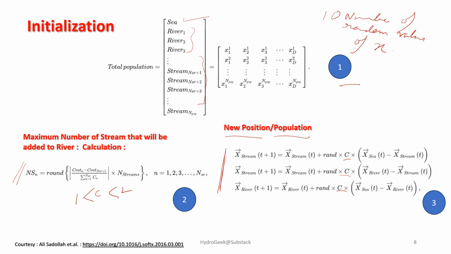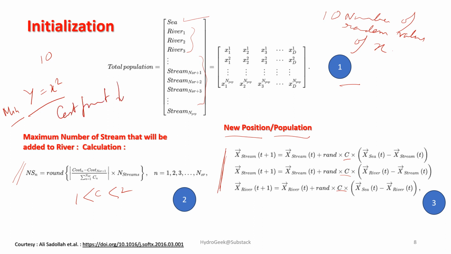So how to generate a new population based on equation 3? As you see, I will discuss how you can classify a population or a value of x into the sea, river or stream. But for now, let me give a summary: if you generate 10 x's and put them into your equation y is equal to x squared, that is the objective equation, this is the minimization problem, so this is referred to as the cost function.